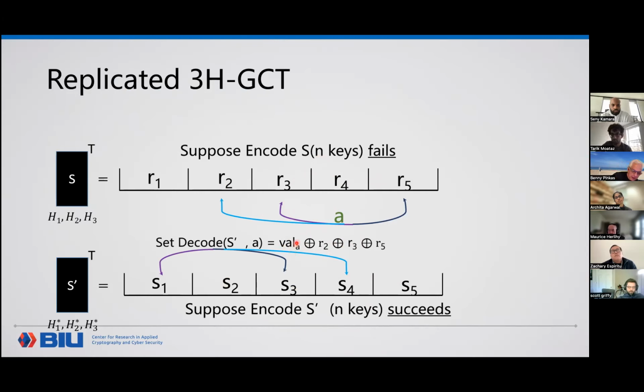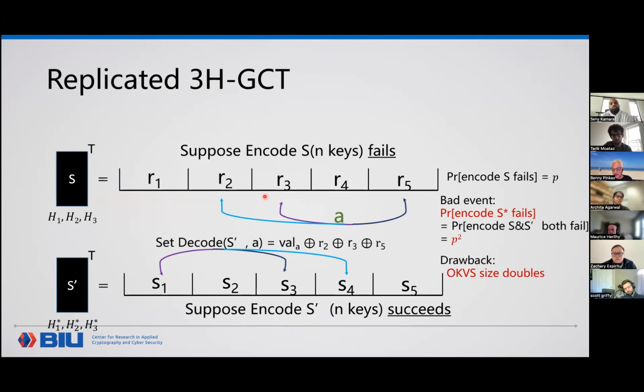So if I fail in one table and succeed in the other, I can change the values I put in the second table to compensate for the random values I'm going to get from the first table. What enables me to do that is that at first I can check whether the hash functions work well or not for A in each of these tables. So if hashing fails for one of these two tables, that's okay, because I can set the second table to compensate for it.